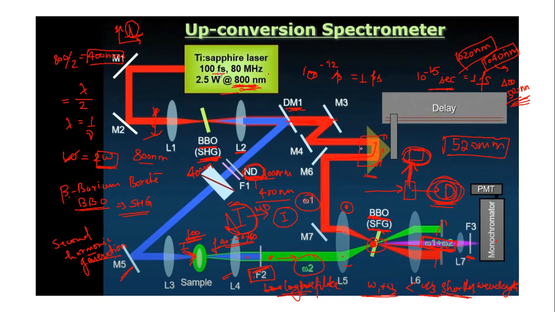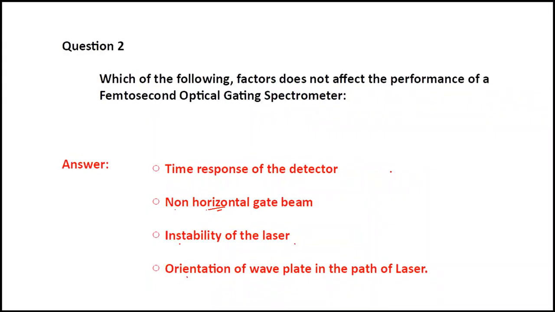Suppose you keep it non-horizontal or a bit deviated, then these two beams will not merge and will have some sort of path difference. To prevent this, you should have a horizontal beam. So first of all, this option is eliminated.